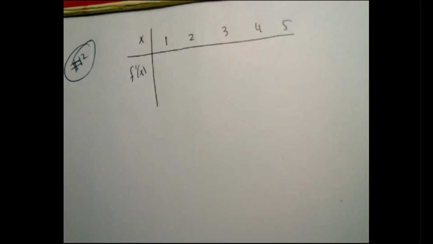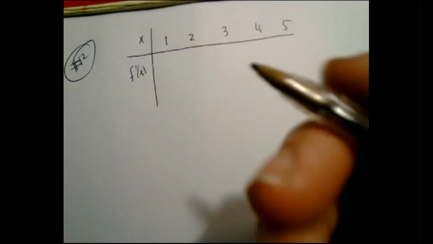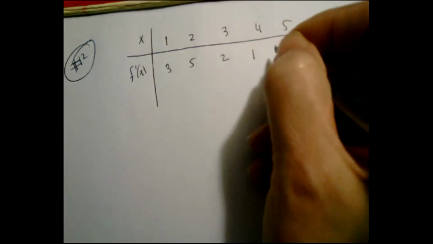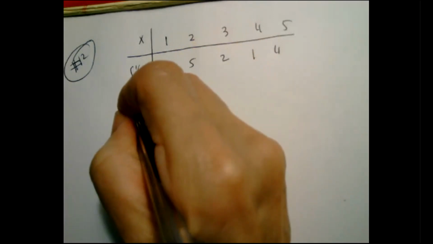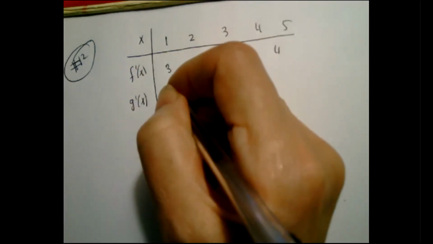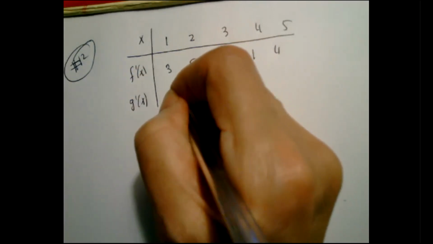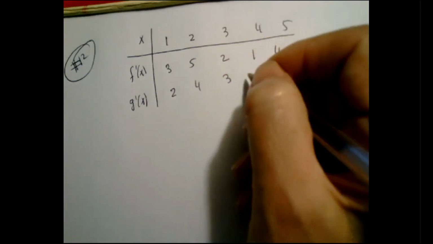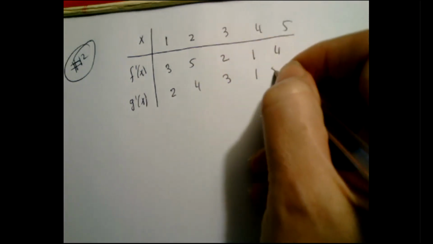They give us the derivative of f for some values: 3, 5, 2, 1, 4. And another function, g prime: 2, 4, 3, 1, 5.